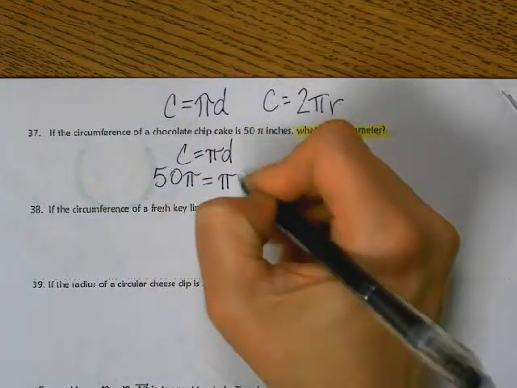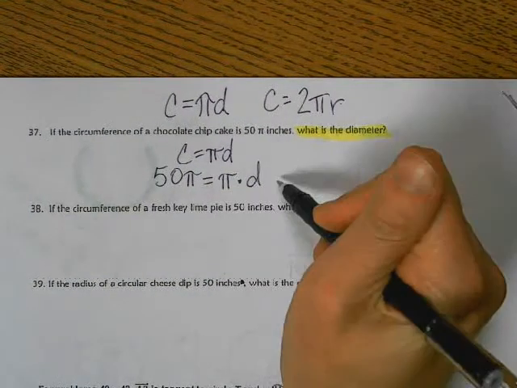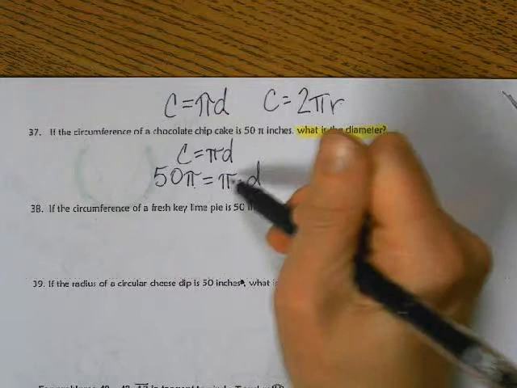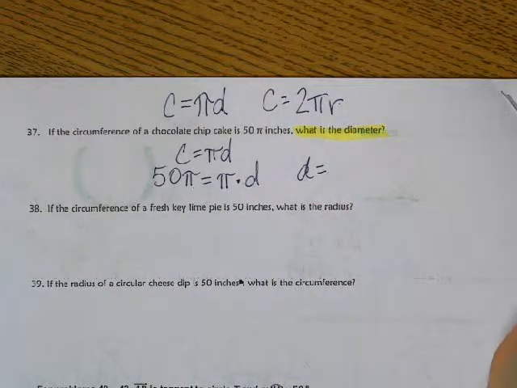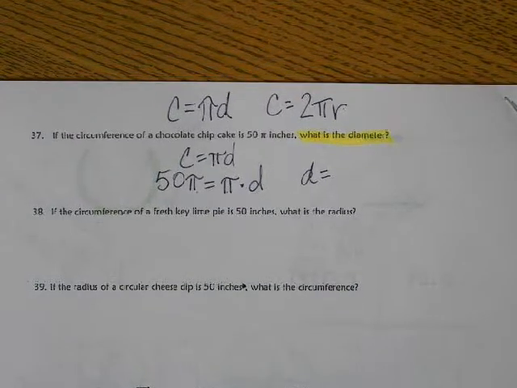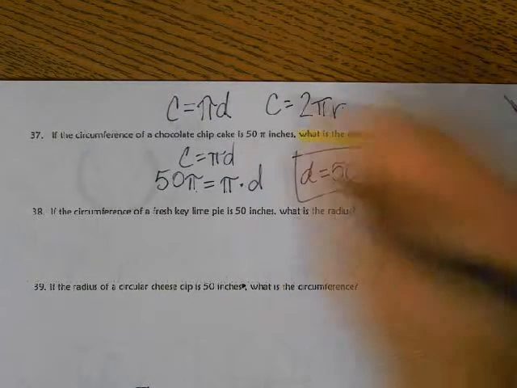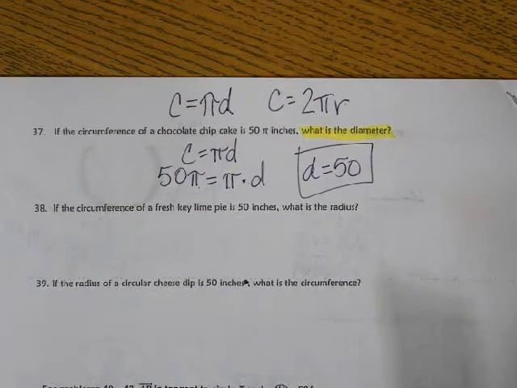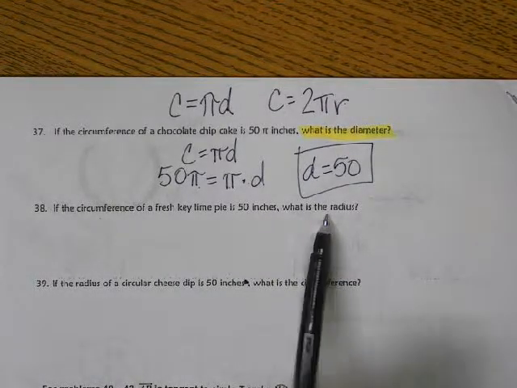So 50 pi equals pi times d. Well, 50 times pi equals pi times some number. d obviously has to be what? Alright, so d has to be 50 because there's no way they could be the same if d weren't.